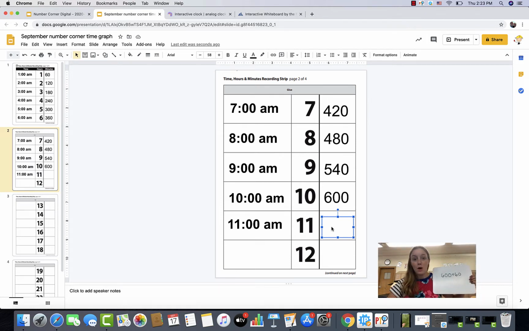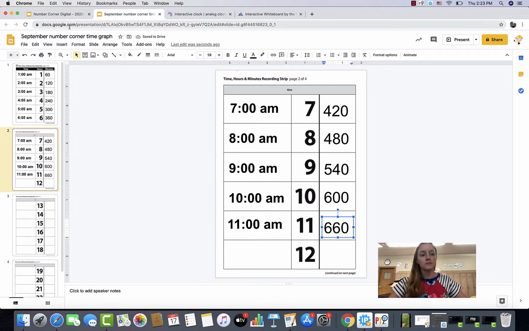What would that be? Do you already know? Okay, so our hundreds is going to stay the same. We're just going to count 60 more. So if I'm at 600, 610, 620, 630, 640, 650, 660. So 660 minutes is so far how many minutes we have on our clock.